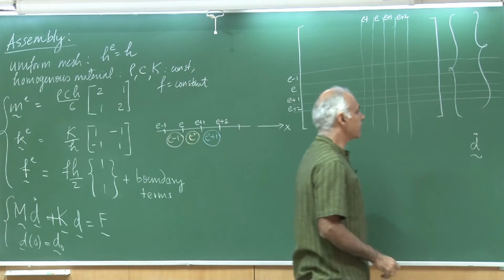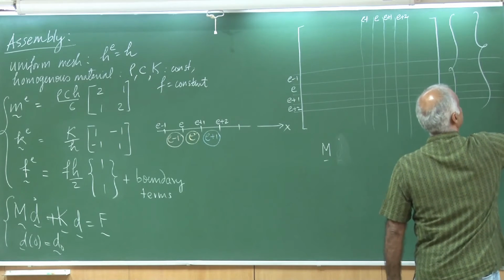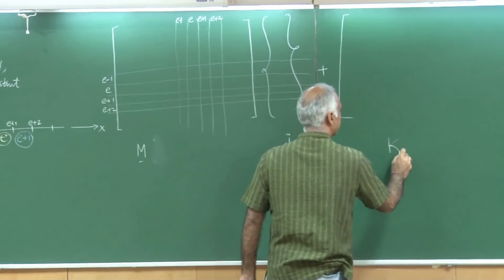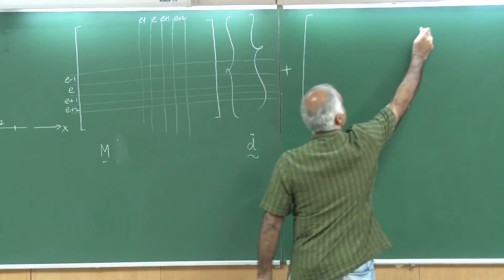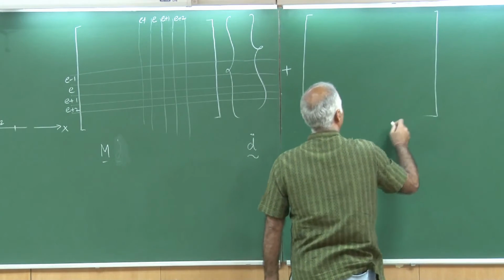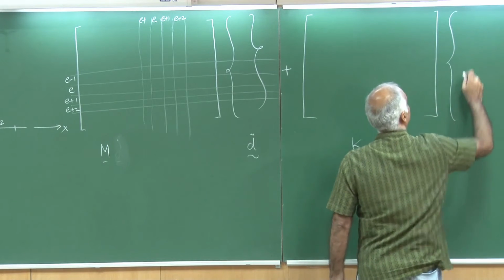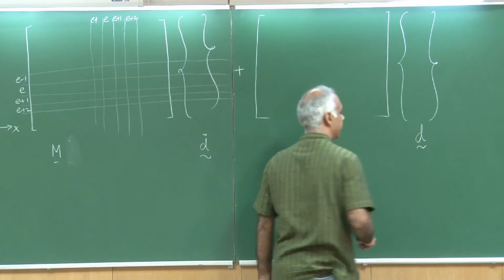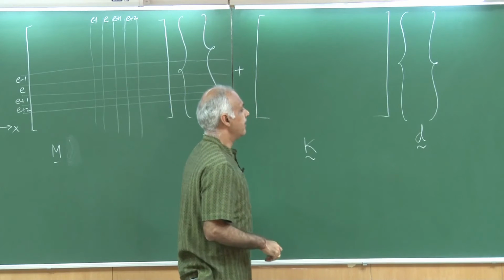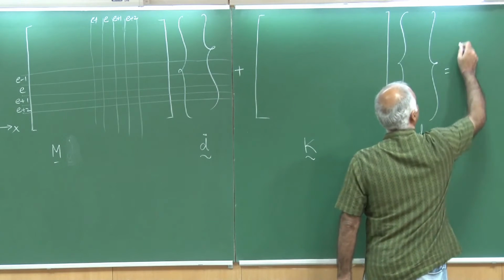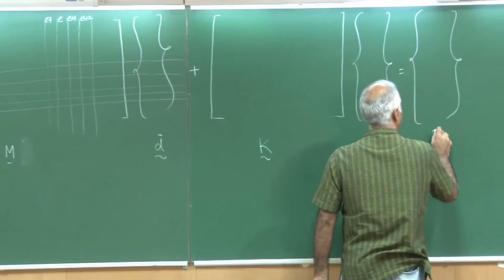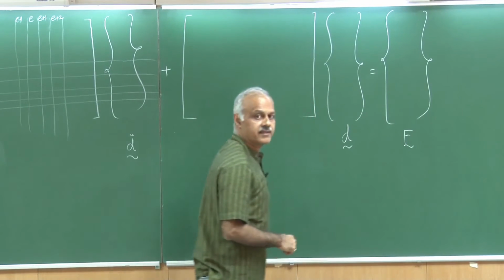We can also add to this the K matrix. So, this is going to be the K matrix, and this is going to hit the vector D. And finally, I am going to get the vector F over here.